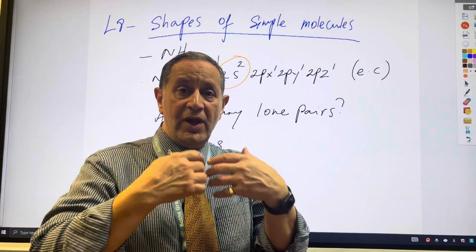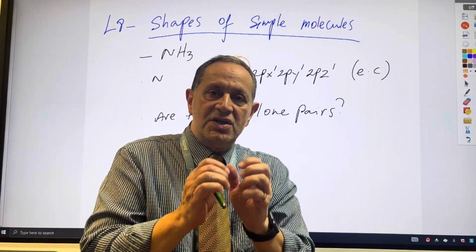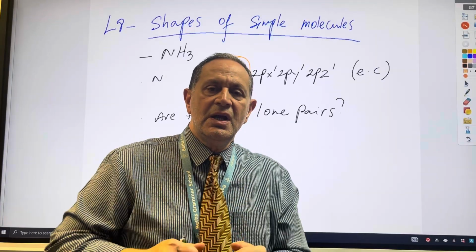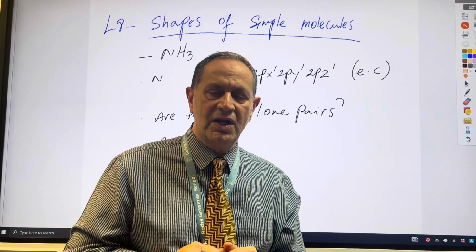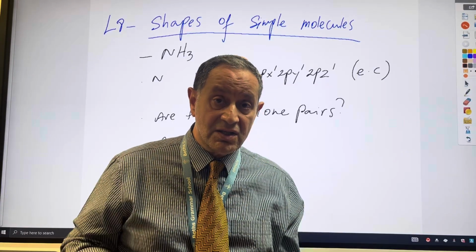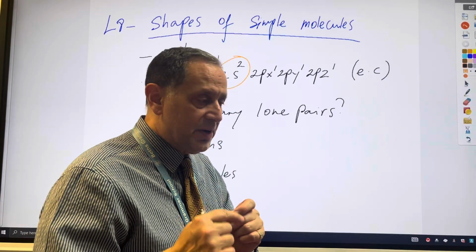Very crudely, they are sitting put in one position, and that position on nitrogen has a very intense electron concentration and therefore negativity. We'll come to that in a minute when we talk about repulsion.